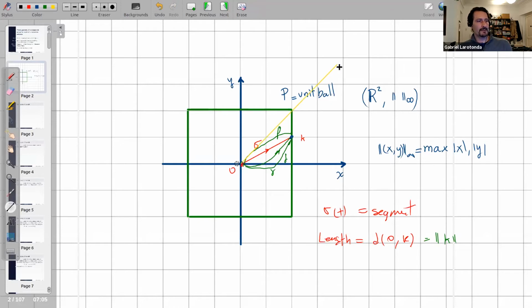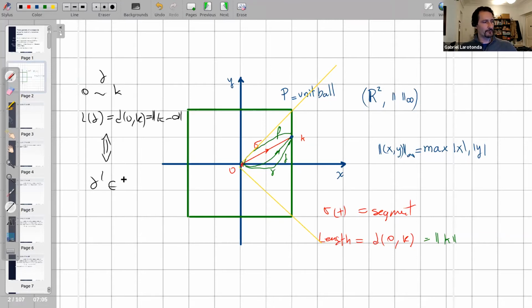Well, if you take the cone of this face of the sphere, this is a face, and you consider this closed cone, right? The restriction for a path gamma joining 0 to K with length equal to the distance between 0 and K, which is just the norm of K, is that its speed lives inside this face of this cone. We call it the cone K, right?